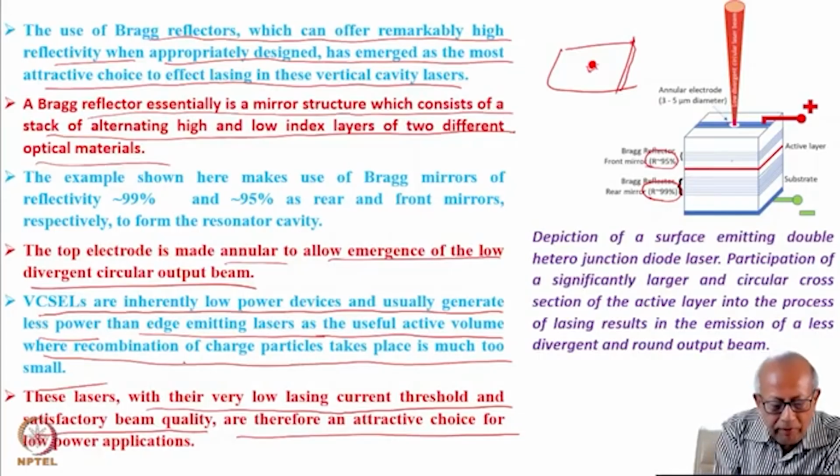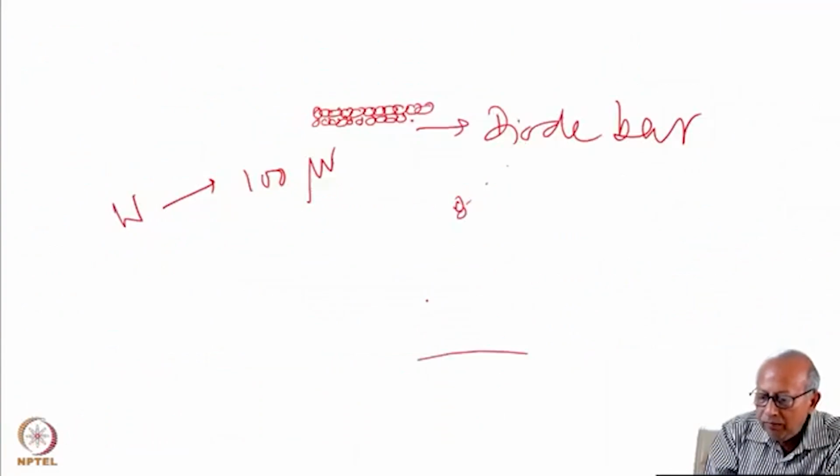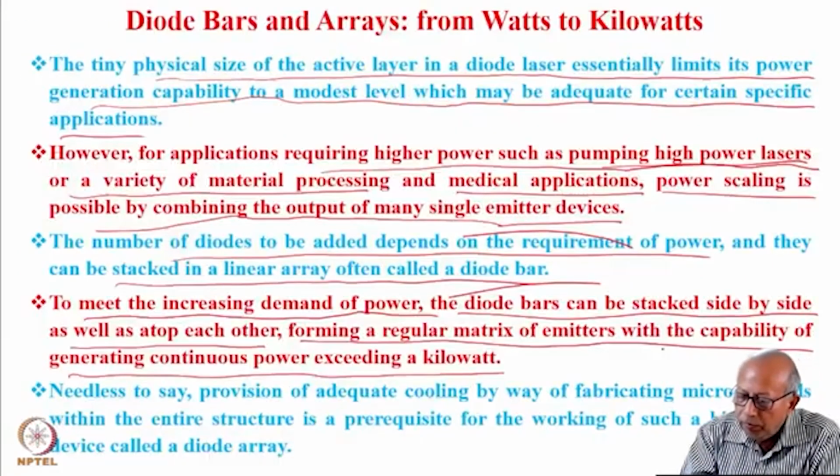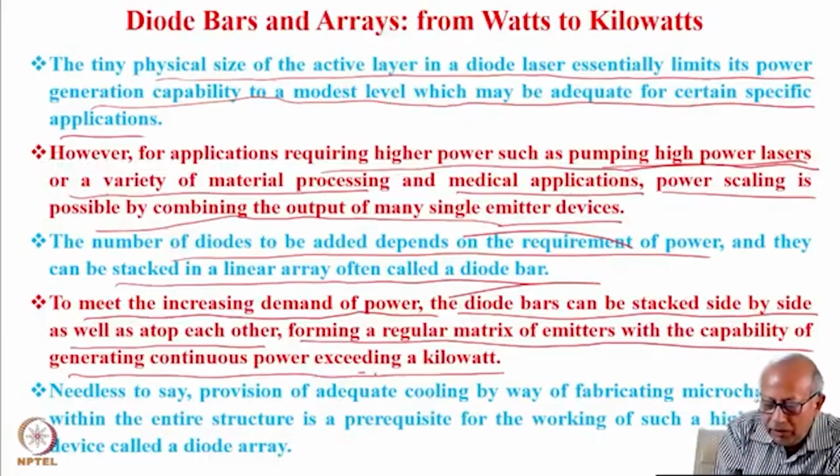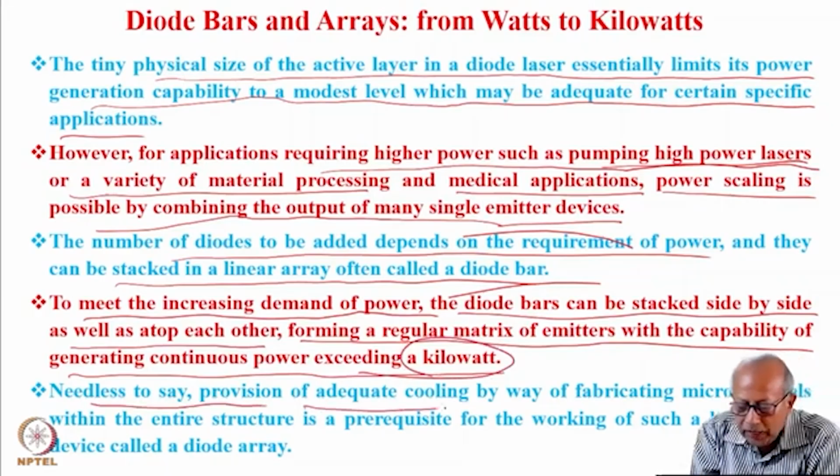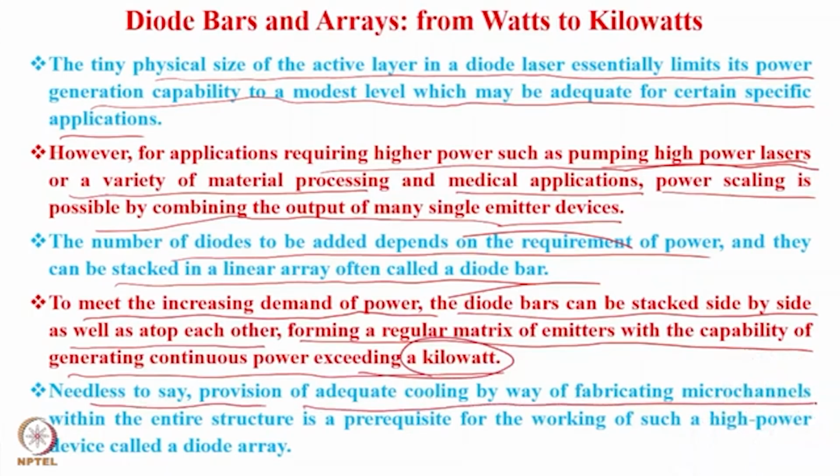This can readily take the total power capability exceeding even kilowatts. Needless to say, provision of adequate cooling by way of fabricating microchannels within the entire structure is a prerequisite for the working of such high-powered devices called diode arrays.